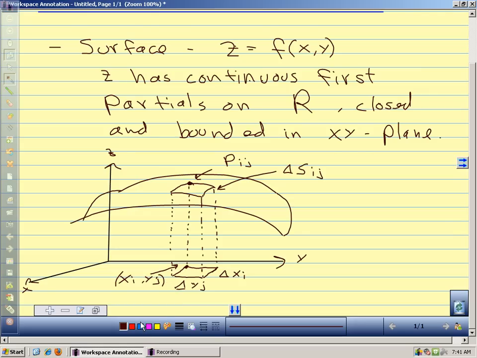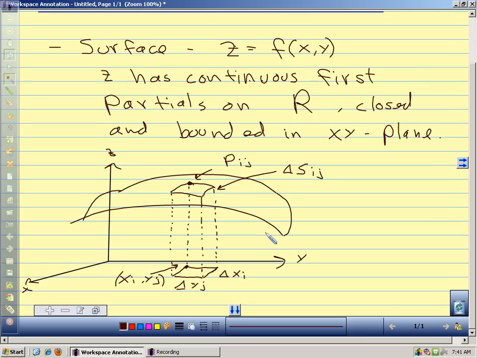So the corner of that little rectangular region is at x sub i, y sub j. And we're going to sum these little surface areas over our region in the xy plane. And that sum is going to be the surface area of our surface over that region.